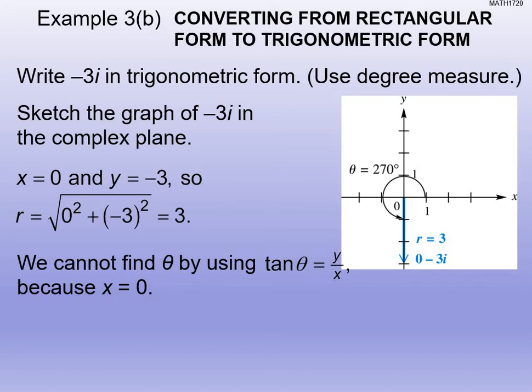Alright, you can't find tangent this way because it's what? Negative 3 divided by 0. We have division by 0. So you're going to have to find it a different way. Well, the only other way is for you to recognize that it's on the quadrantal because there's no real part. So when there's no real part, it's purely imaginary.